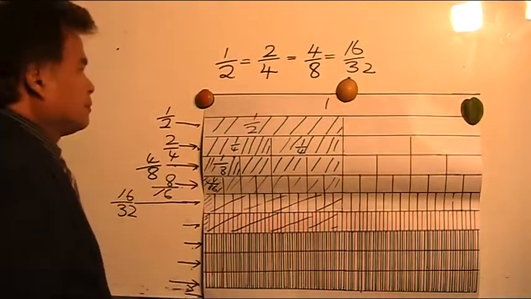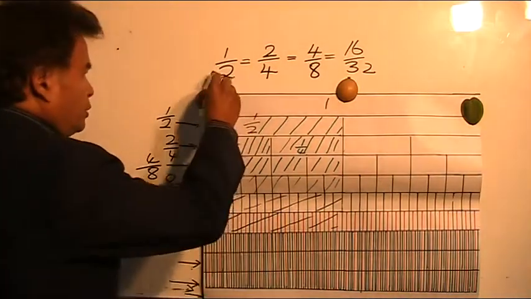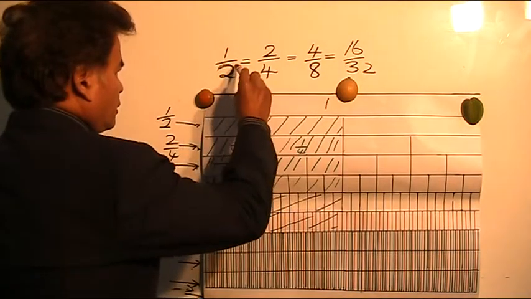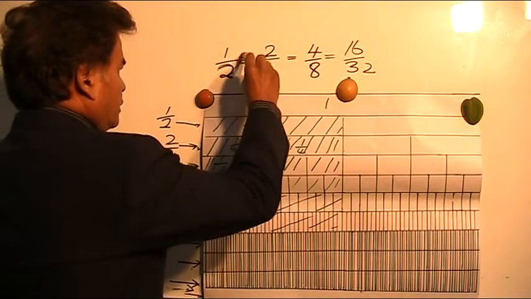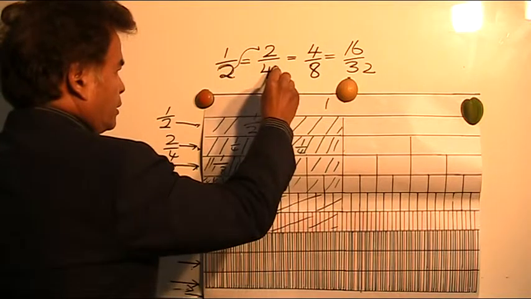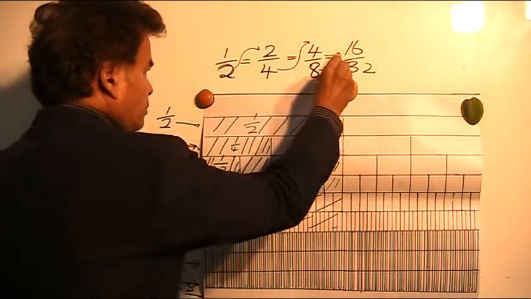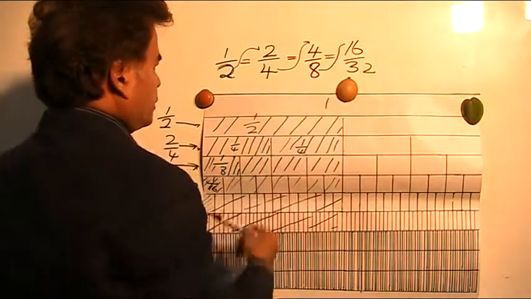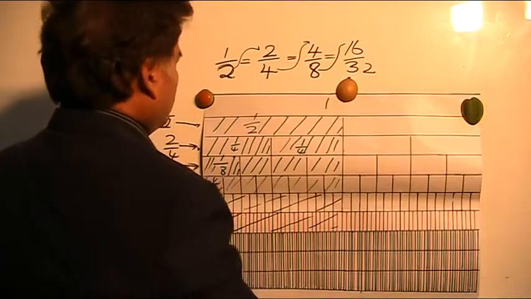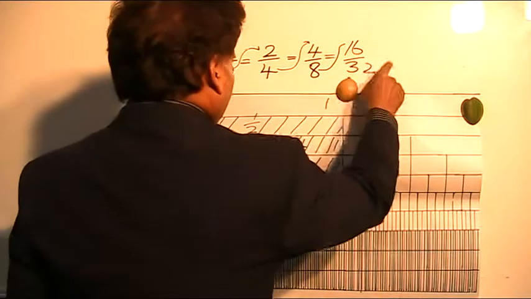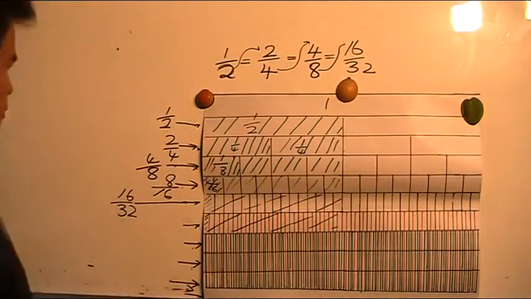Alright. You see, the denominator here becomes the what? The numerator here. The denominator here becomes the numerator here. The denominator here also becomes the... in fact, this is a mistake, right? True?